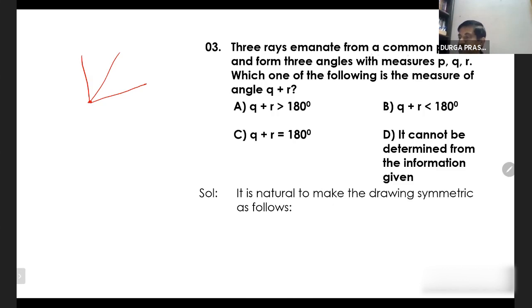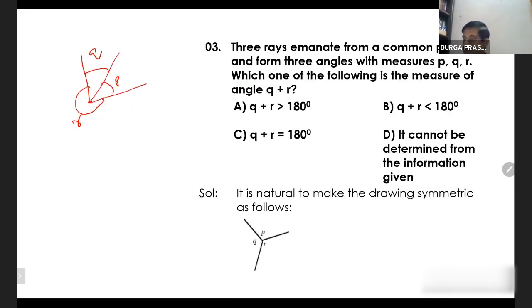Three rays emanate from a common point and form three angles P, Q, R. See how they are emanating out. See, here we have shown a diagram. So these are the three lines that are emanating out. So one is P, other is Q, and other is R, like this. So same way here we have shown different possibilities we'll see. One possibility is this. Okay.